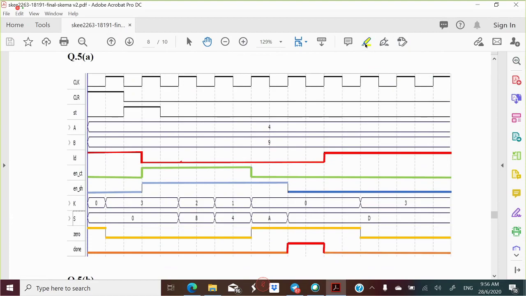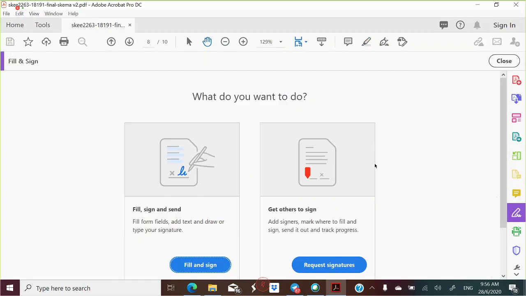I use this, it will do highlighting. So I can't find the pen. Yeah, I'm not sure. Sorry. I try to use OneNote, but I have problem. This one also, it will do this thing. Request signatures and so on. So I can't. I cannot figure out this one.